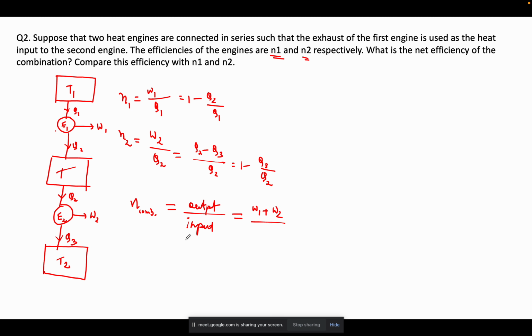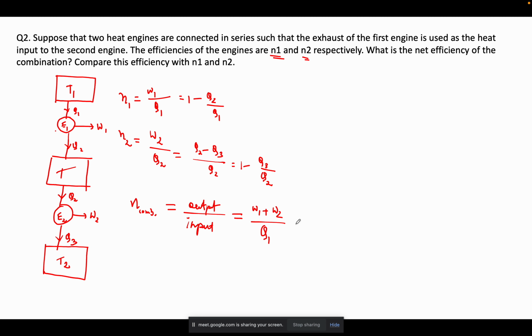What is the input? Remember, Q1 was the input to the first engine, then it rejected some heat Q2, did some work W1, and that Q2 was used in the second engine. So if you combine both heat engines as a single engine, the input will be Q1, because Q2, the input to the second engine, is a part of Q1. That's why our input is Q1.